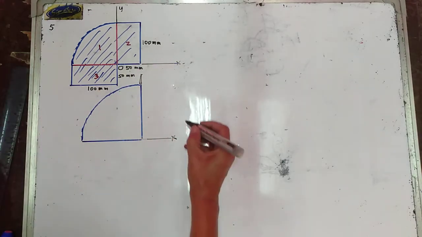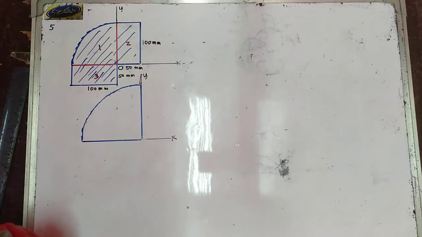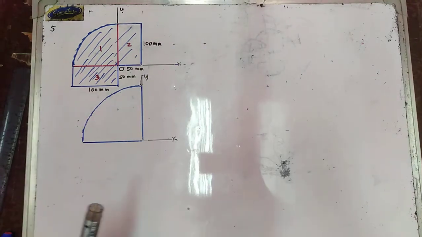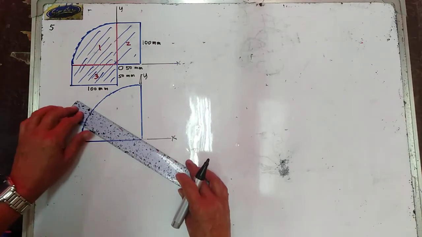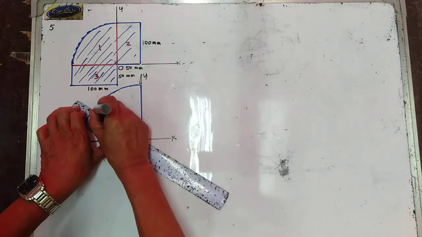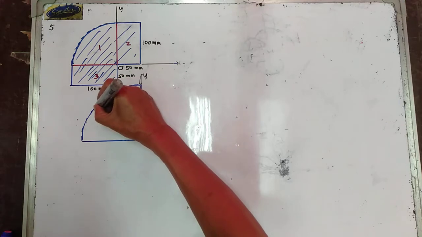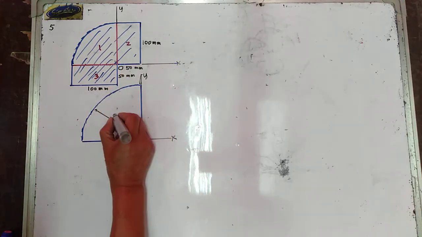So this is your x, and that one is now the y-axis. This 100, that is 100, so the radius of this area is equal to 100 millimeter.